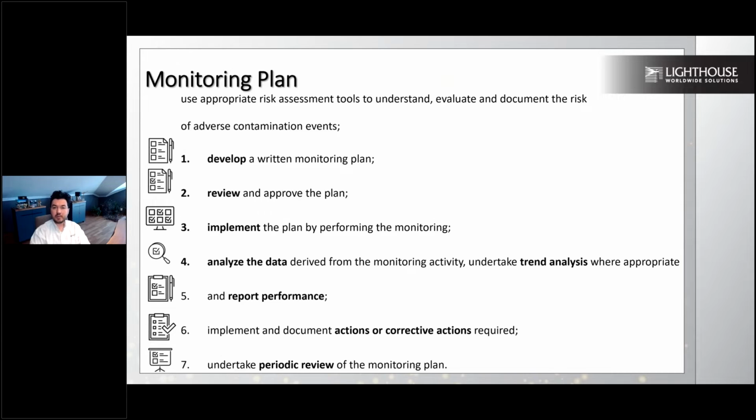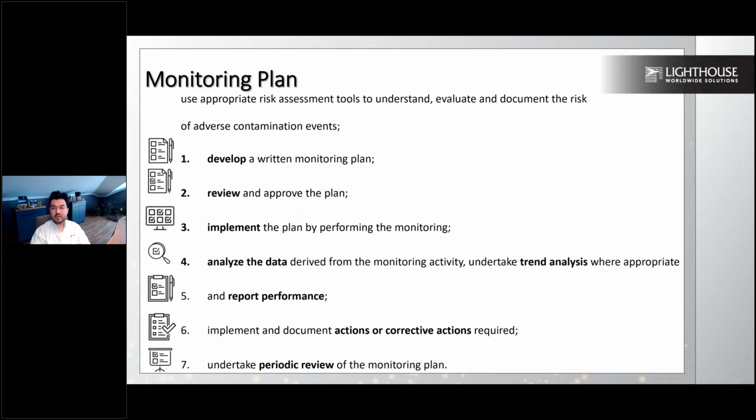We need to review and approve it with different stakeholders of our organization, not limited to the quality department for sure. There should be a contribution from engineering, from production, from the qualification department, aligning with our classification data, for example, when we're talking about particle monitoring systems.